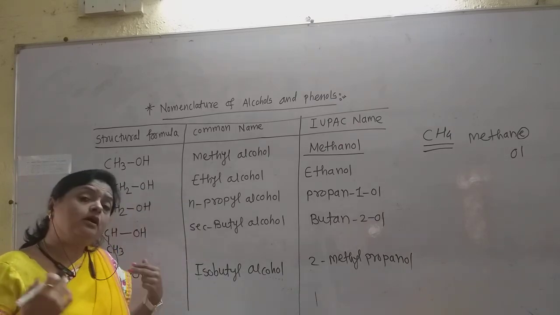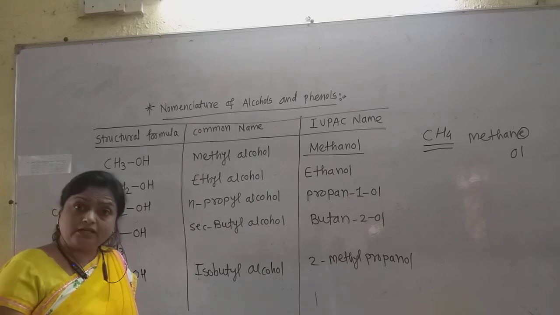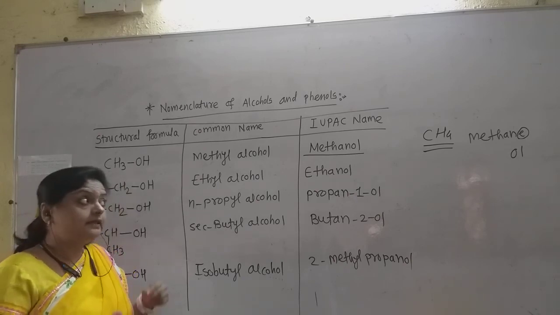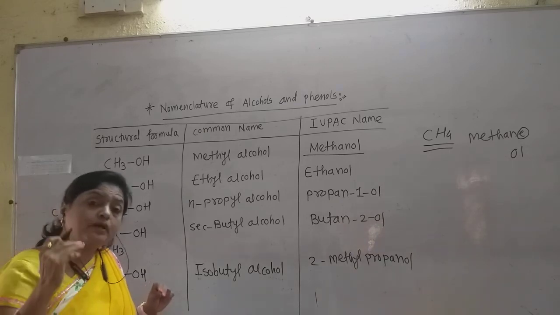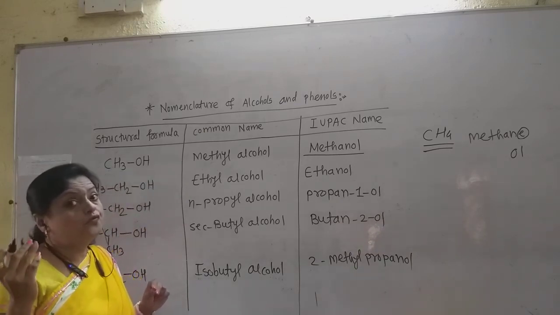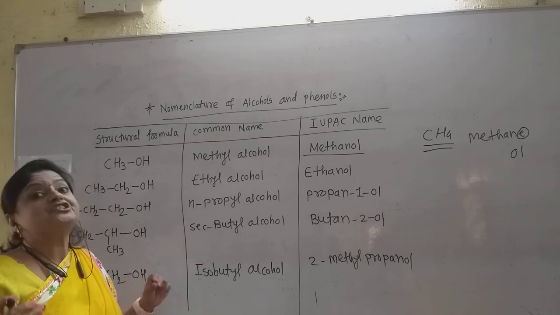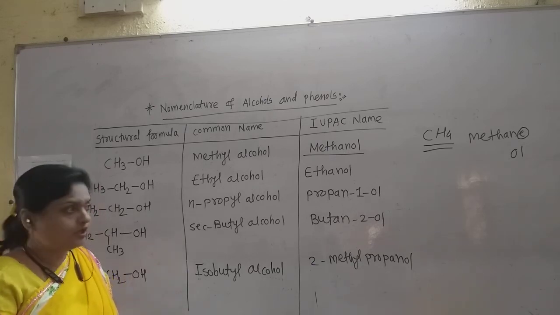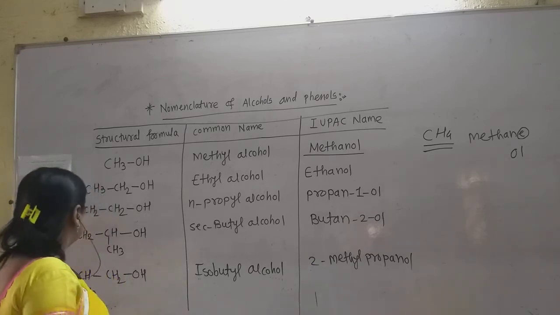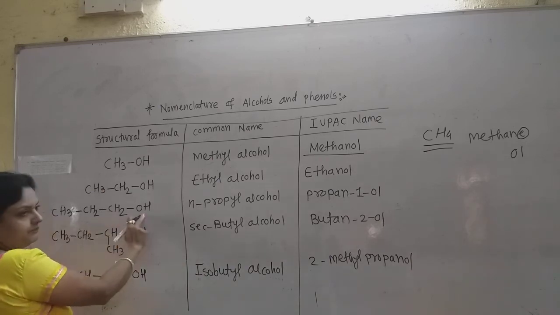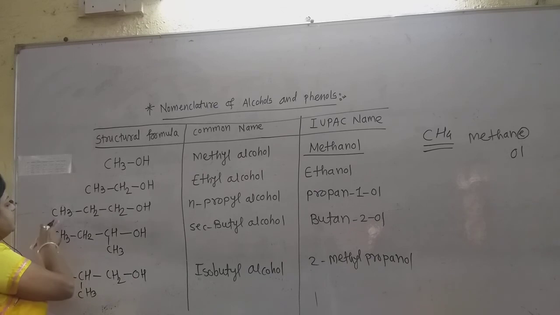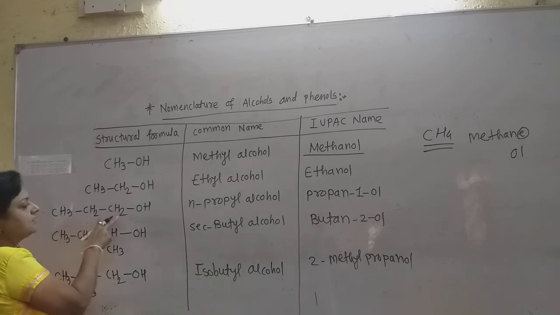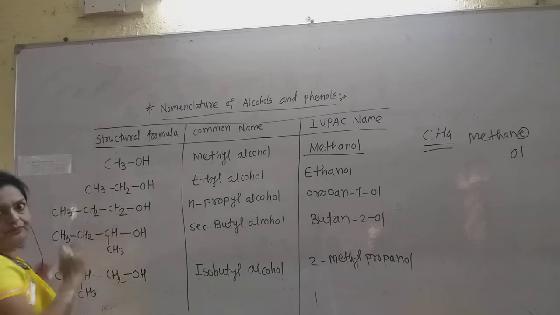But if there are 3 or more carbon atoms, then we must number the carbon atoms from the side which has the nearest OH group. For example, see the third example here. I write here the third alcohol: CH3, CH2, CH2, OH.